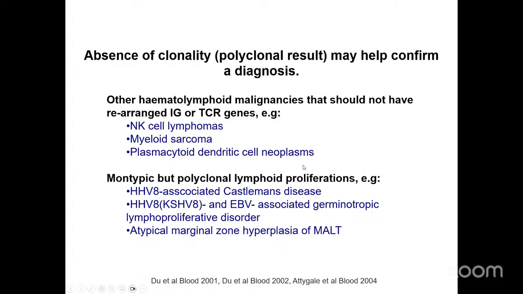If that is in your differential, then these assays will not help you, because they may be negative since the clonal rearrangement is not in the B or the T cells. Also, there are certain polyclonal lymphoid proliferations in which you could have a monotypic population by flow or IHC, but typically you will have a polyclonal molecular study.